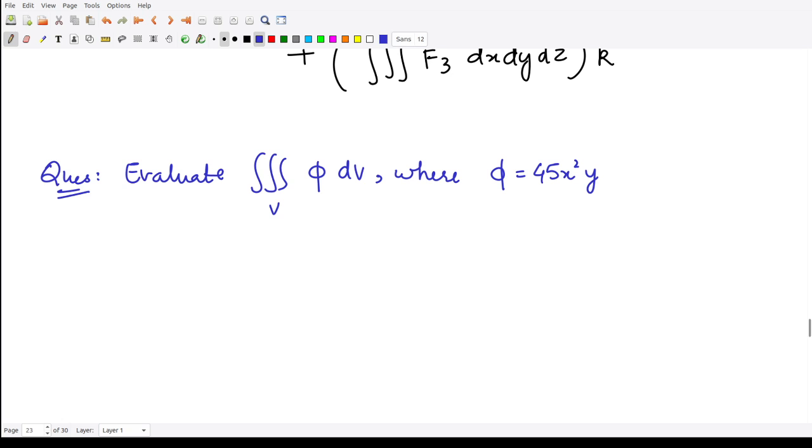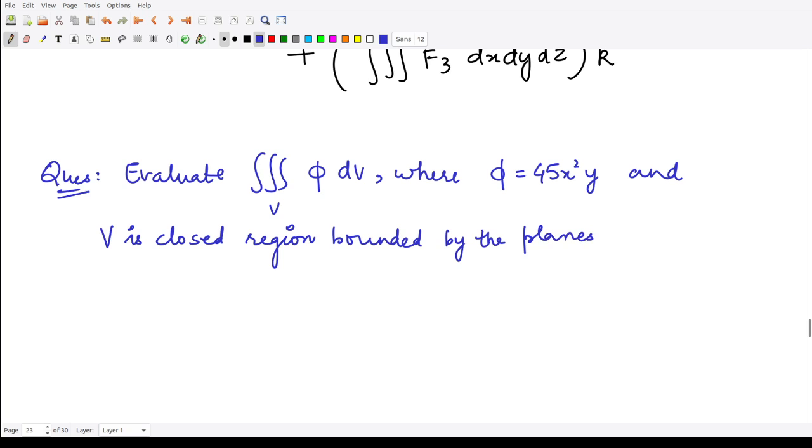This is the scalar point function that is given to us, and we are to calculate its volume integral on the region V, where V is the closed region bounded by the planes. The planes are given as 4x plus 2y plus z is equal to 8. This is one plane. Another plane is x is equal to 0. Then we have y is equal to 0 and z is equal to 0.